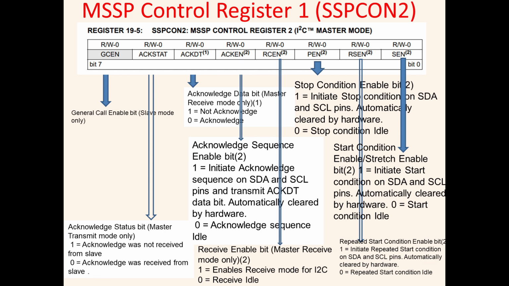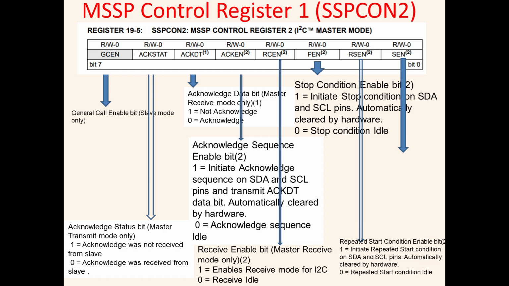Next is PEN. PEN is nothing but the stop condition. In that manner, the PEN bit will help you initiate the stop condition on the SDA and SCL pins. So you can initiate the stop condition on the two signals, the SDA and SCL.